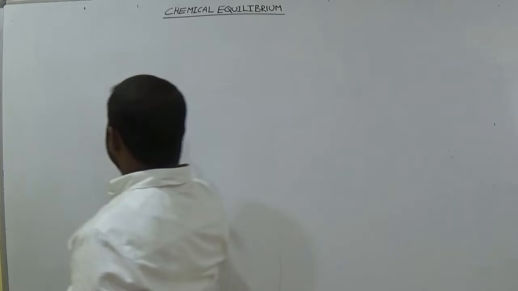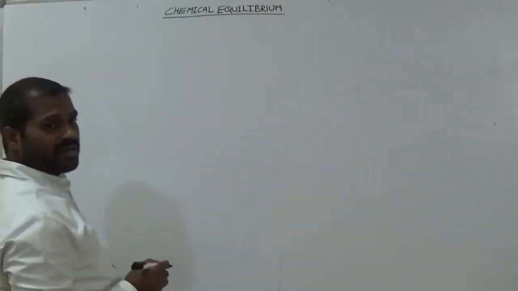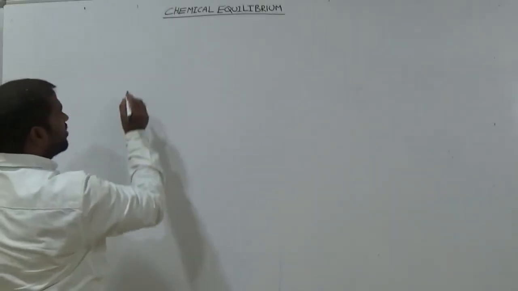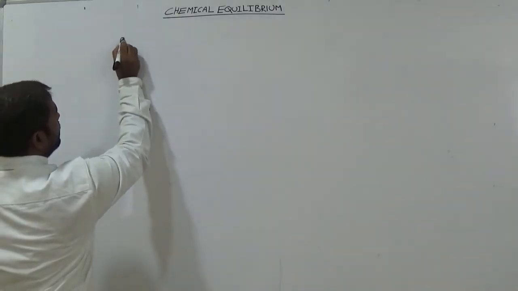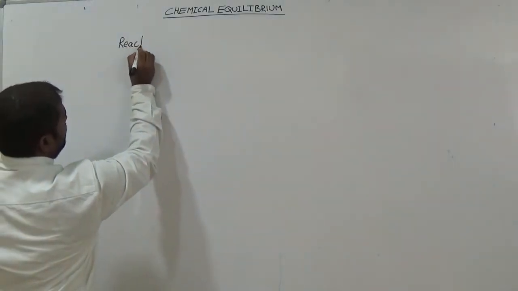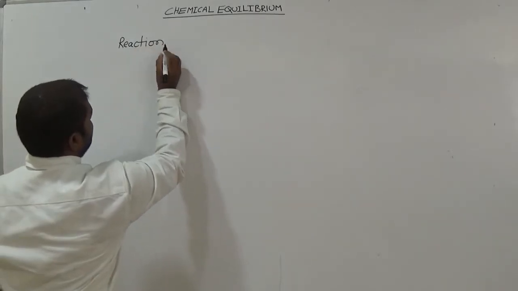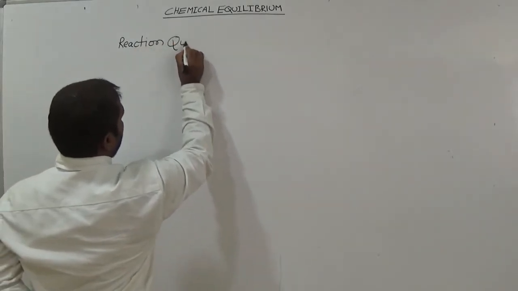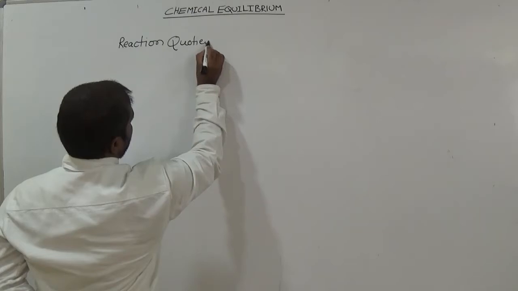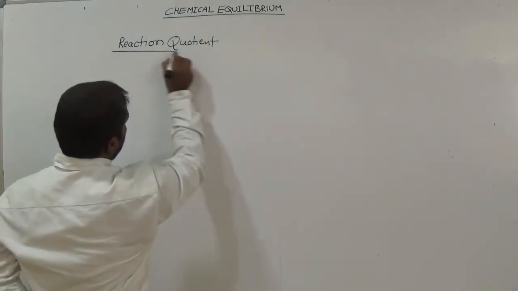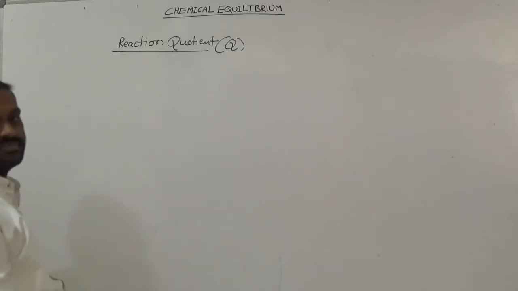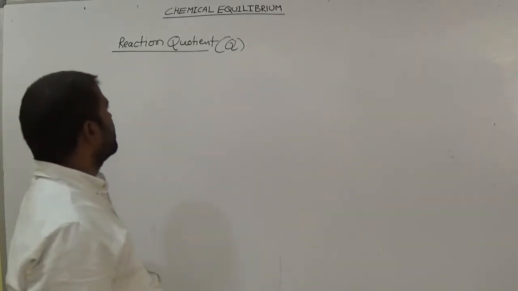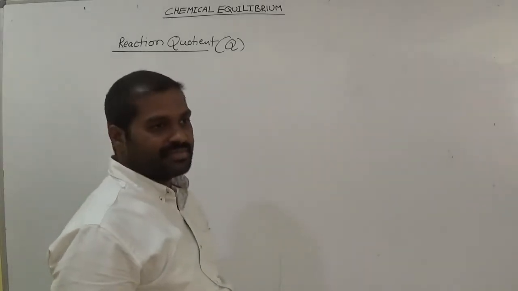Okay. So here the next very important concept in chemical equilibrium is the reaction quotient, simply denoted as Q. Okay, reaction quotient.